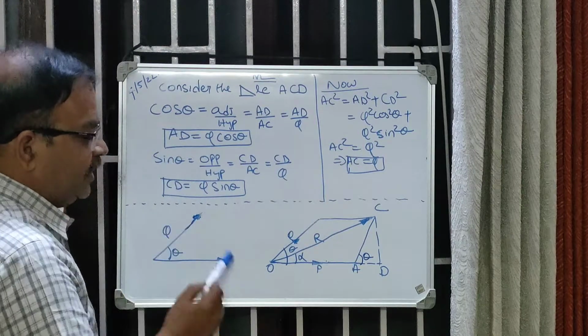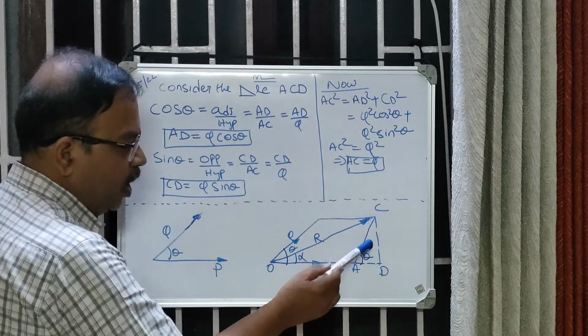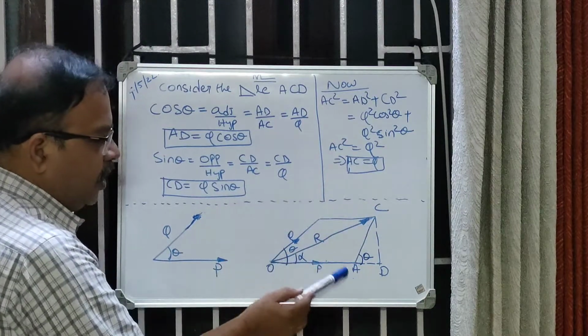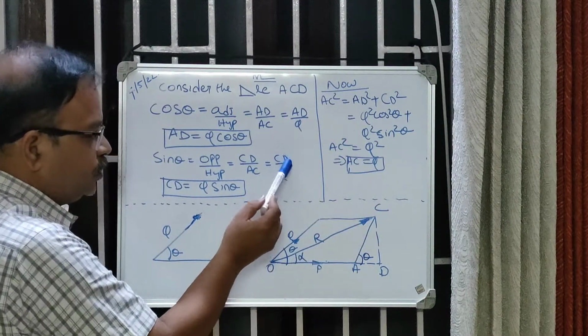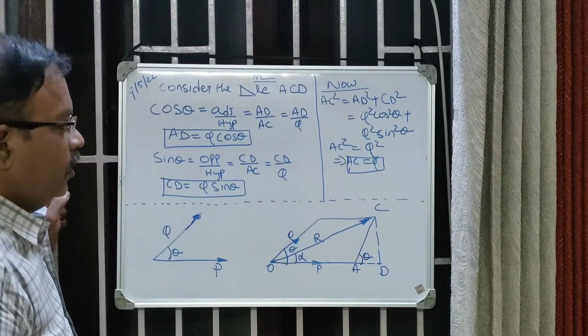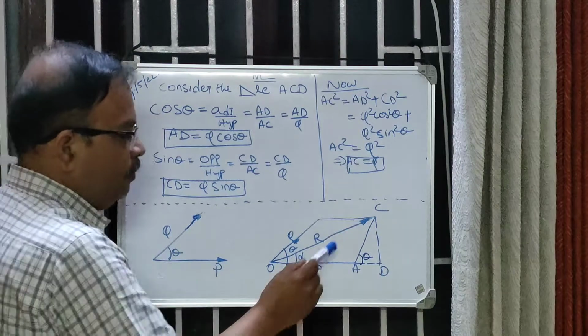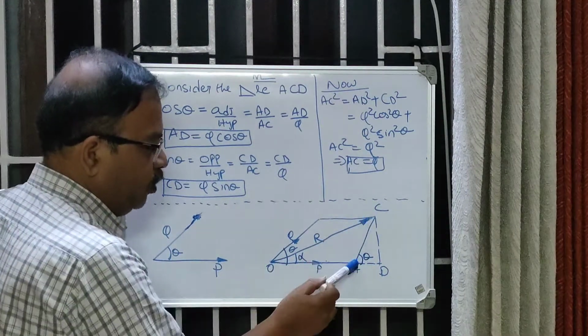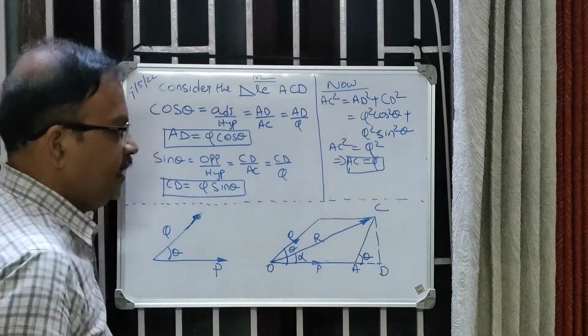Similarly, take sin theta. Sin theta is equal to opposite by hypotenuse. Opposite is CD, and the hypotenuse is again AC. So sin theta is CD by Q, so CD is equal to Q sin theta. Now this can be verified. Apply the Pythagoras theorem for this right angle triangle. AC square is equal to AD square plus CD square.